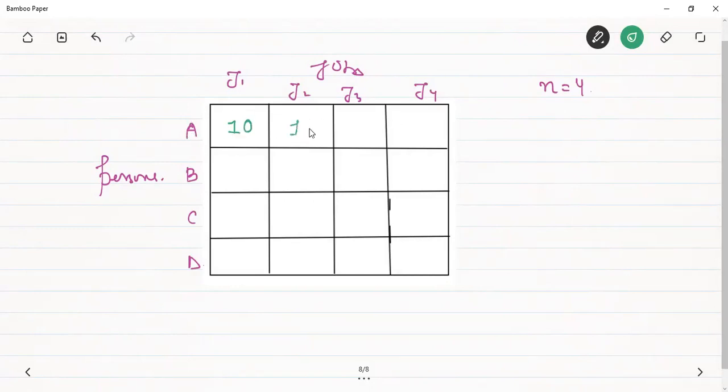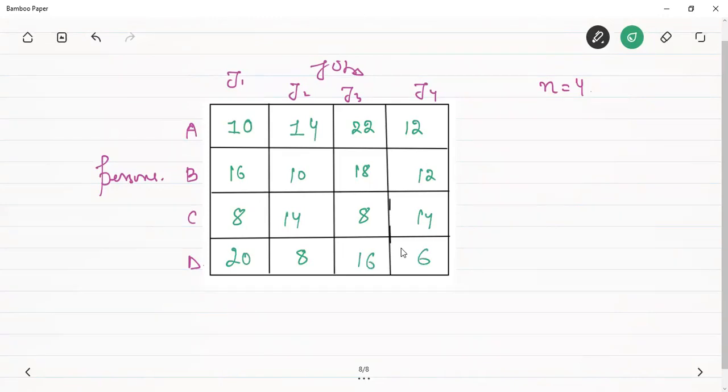Similarly, we have these entries: 16, 10, 18, 12, 8, 4, 8, 14, and after that we will have 20, 8, 16 and 6. So these are all the inefficiencies of the person associated with doing a particular job.